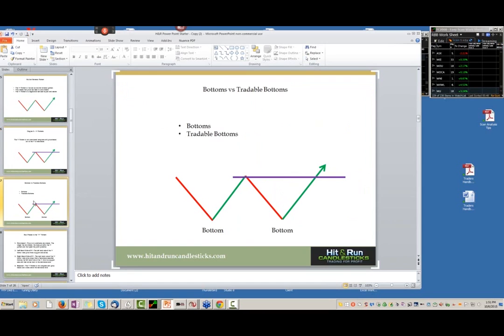All right, here's where I kind of alluded to this a moment ago: bottoms versus tradable bottoms. And one thing I've discovered over my career of trading, and I've had my fair share of losses, Lord, I have. My biggest losses come from, or used to come from, trying to catch bottoms, trying to catch that trade right there, and have it rally up, and you might make this money in here.